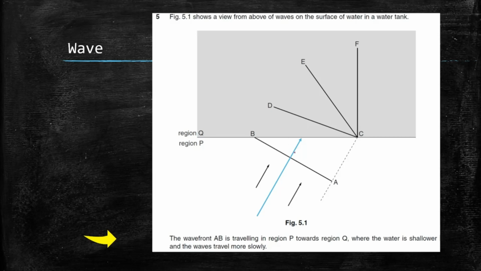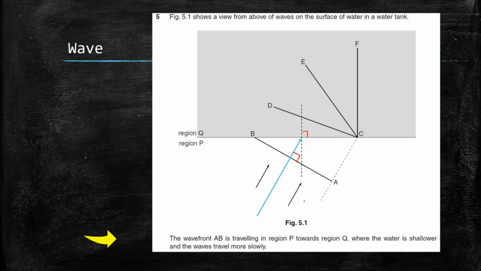So, this has to be a right angle. At the position where the direction of propagation meets the boundary between two regions, this position, draw a normal. The normal must be perpendicular to the boundary.